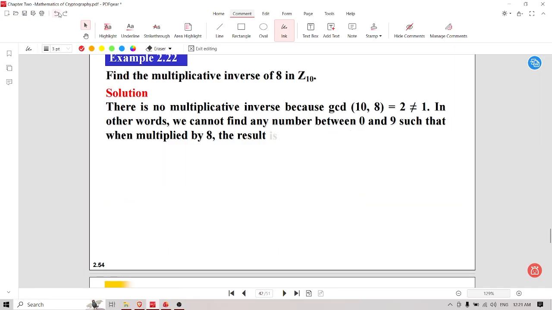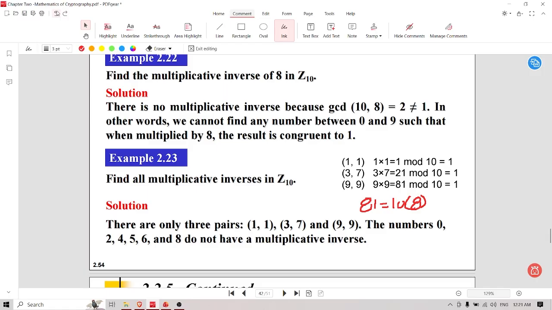Now we have no problem. So that would be the multiplicative inverses in Z10.